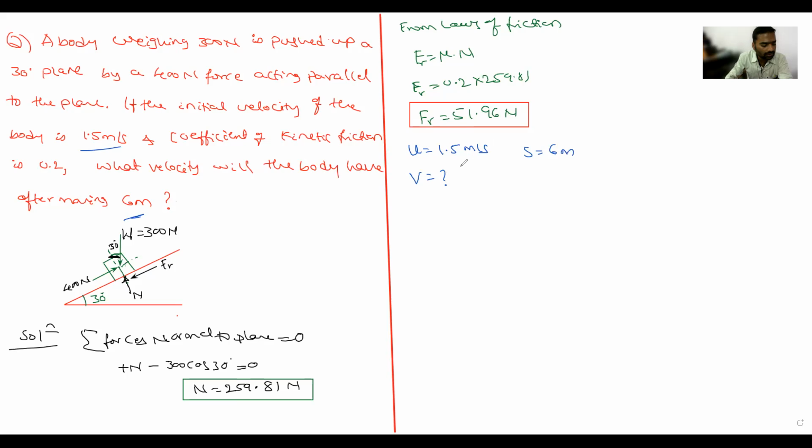Now, equating the work done by forces along the plane to the change in kinetic energy.